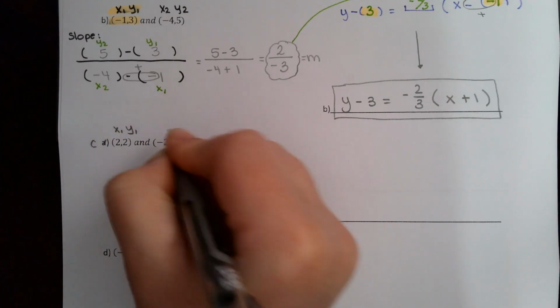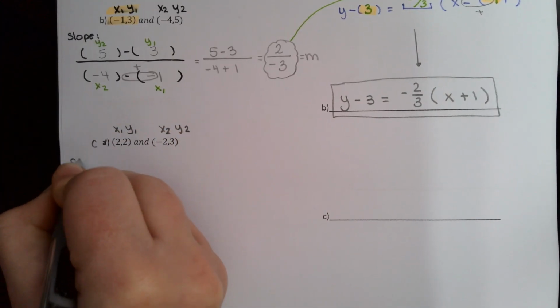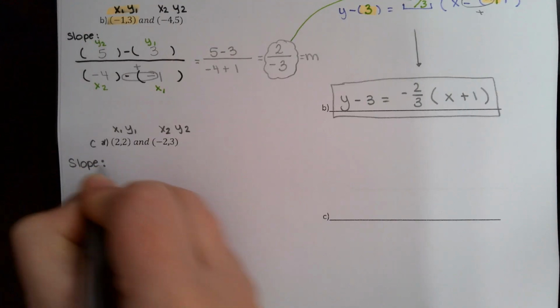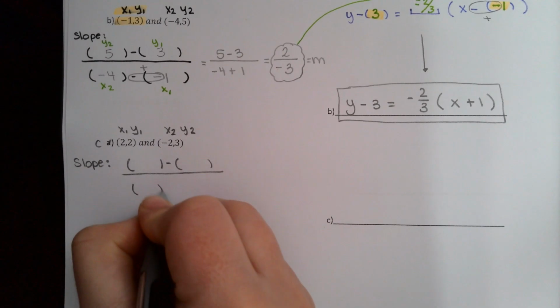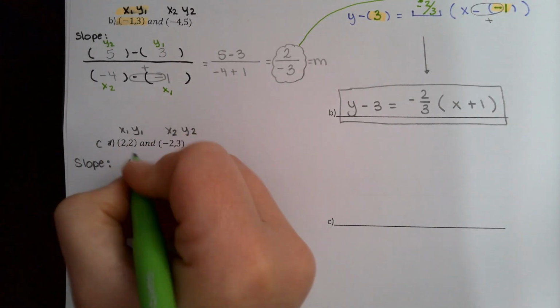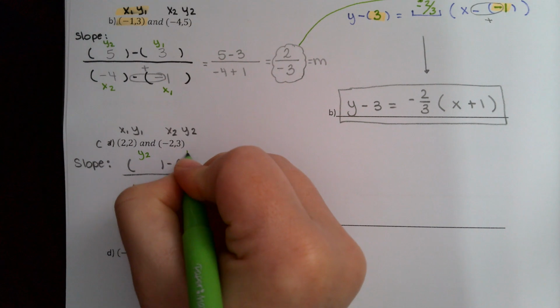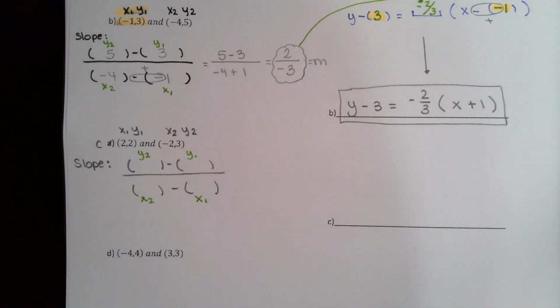x1, y1, x2, y2. Slope, open minus open, open minus open. Again, kind of repetitive now because we're doing the same thing 3 times and then 4 times. Make sure you have your slope formula memorized, please.